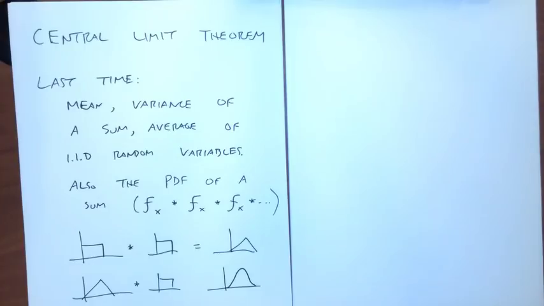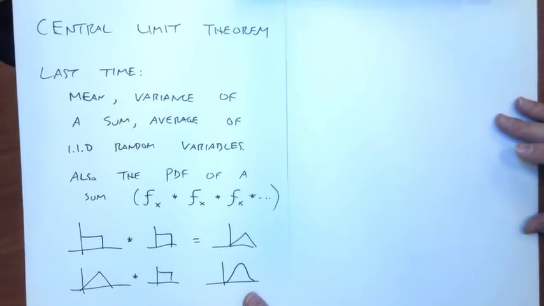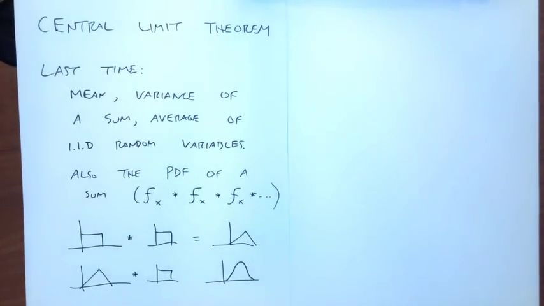So it's not hard to imagine that if I kept on convolving the pulse with itself, you might believe me that it eventually turns into something that looks like a Gaussian, okay? But the cool thing is that it doesn't matter whether it's a pulse or a binomial or anything, it turns out that as I add up a whole bunch of the same random variable, eventually anything will look like a Gaussian, which is kind of surprising. So that's the preview of what we're going to talk about, okay?